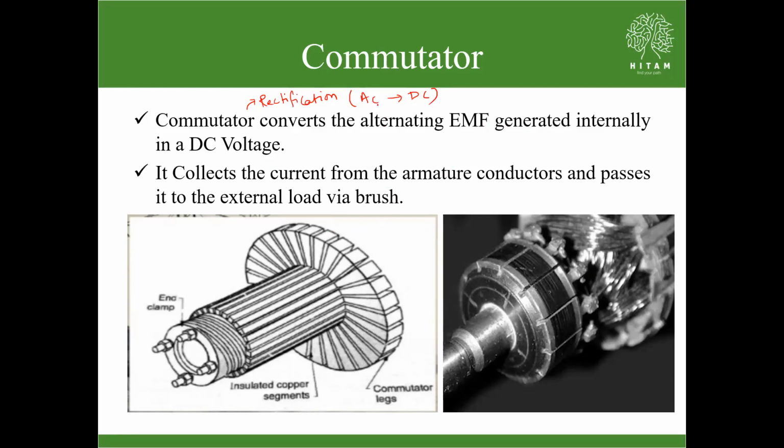The output is always DC, and that is the reason we call this a DC generator. Using the brushes, it collects the current from the armature conductor and passes it to the external load. Understood now? The current passing should be collected in the armature conductors and connected to your terminal box connection.